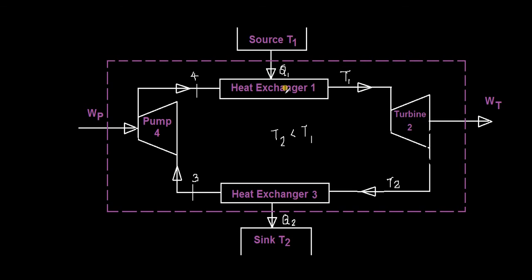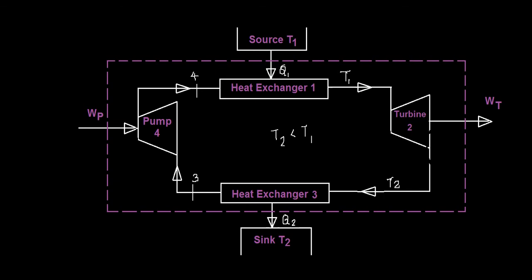So it absorbs heat from source T1 and it releases heat to sink T2. It also absorbs pump work at the pump in between station 3 and 4, and it generates a turbine work of WT between 1 and 2.